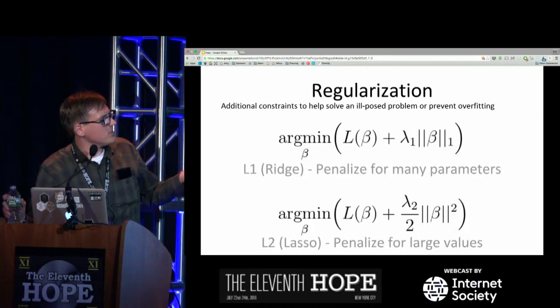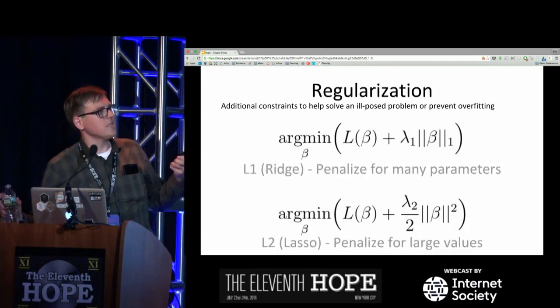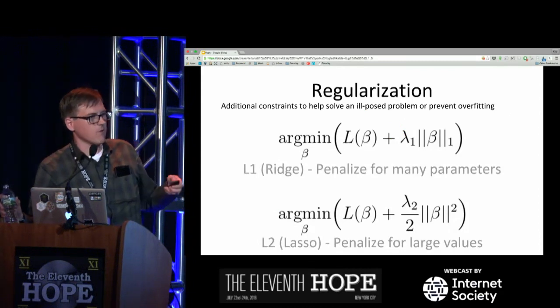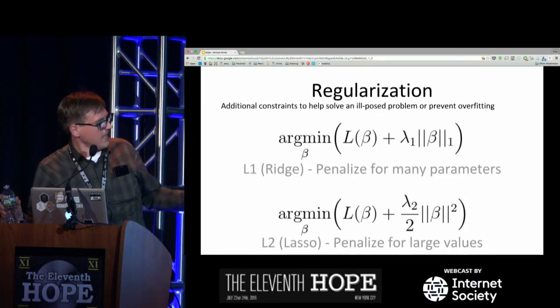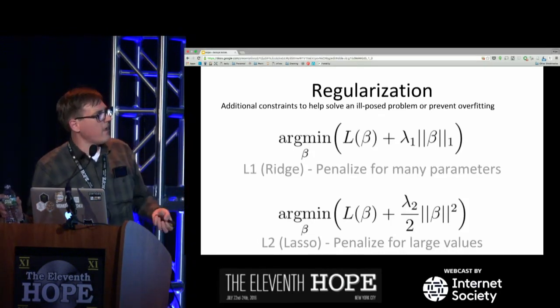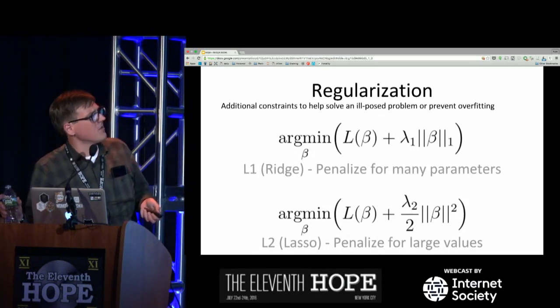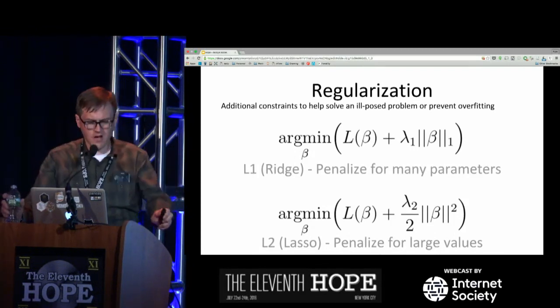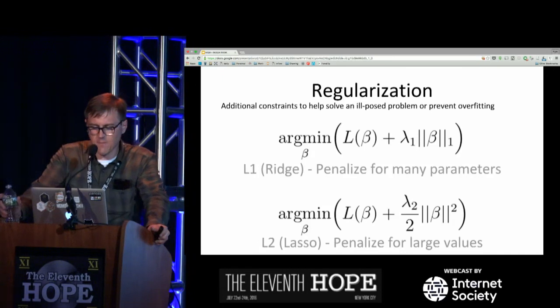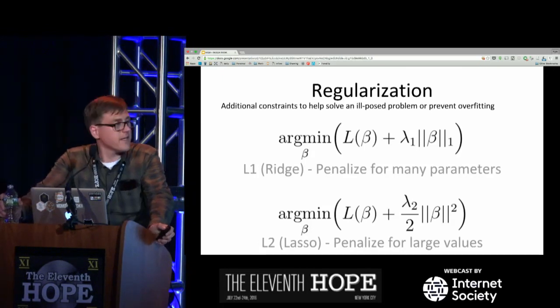One is called ridge, which says, essentially, bring me a model that uses the least number of parameters, tries to not rely on too many types of observations or types of variables. And another called lasso, which says try and make them not too extreme value. There are many types of regularizations, but these are the 2 probably most common ones. Most people are using these and they're in place.